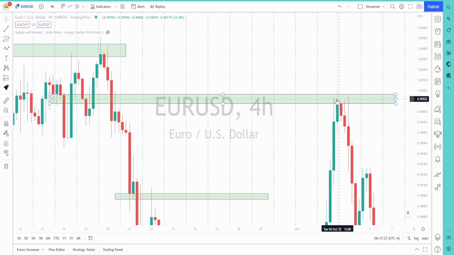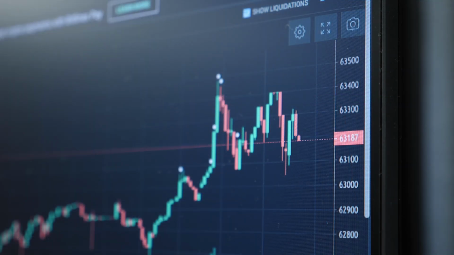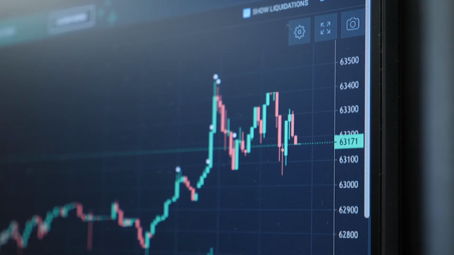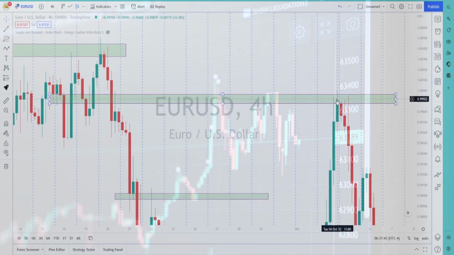Oftentimes when we're marking areas up on the 15-minute and take an entry on the 1-minute, we'll wait for price to come into the area, and if we see signs of exhaustion followed by an engulfing pattern, usually that's a good entry pattern. Sometimes you can wait for it to come back a second time before taking it.